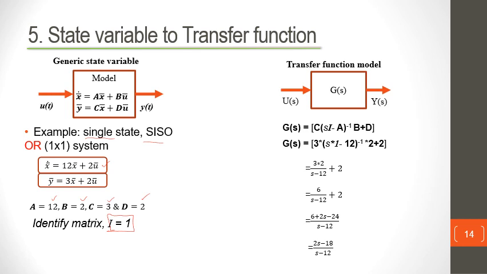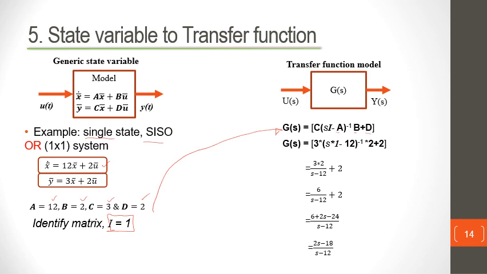For such a system, the transfer function G of s is going to be c times the inverse of s I minus a, times b, plus d.